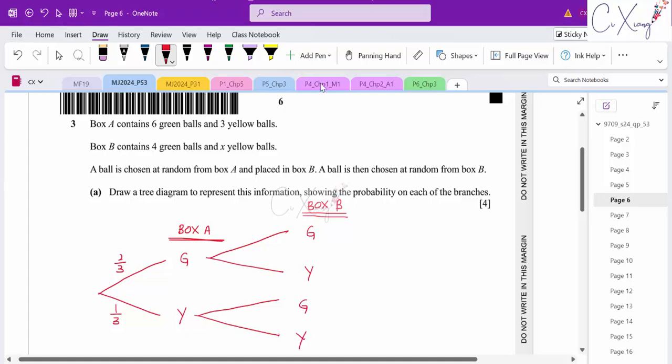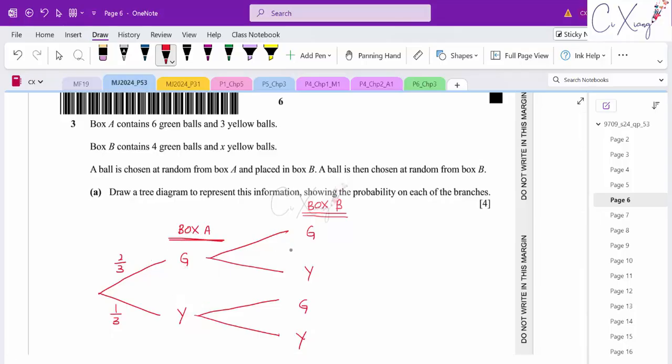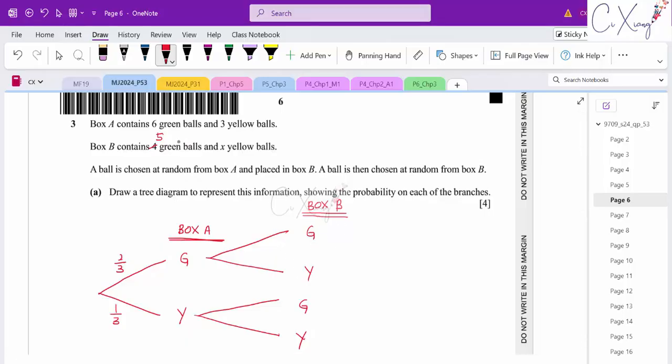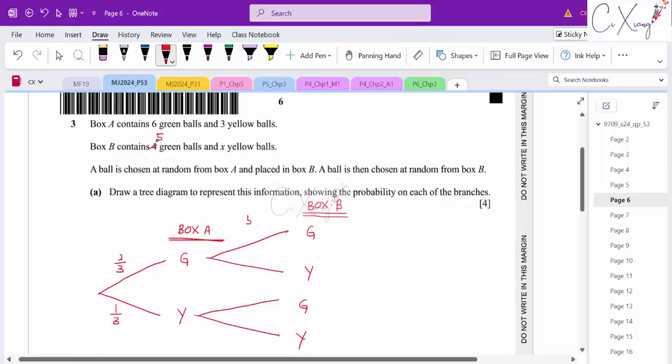Let's say the first ball that I take is a green ball from box A. I put it into box B. So now box B has 5 green balls and also x yellow balls. What is the probability for me to get a green ball from box B now? The total number of balls is 5 plus x, and the number of green balls is 5. So I have 5 over 5 plus x. For the yellow one, it will be x over 5 plus x.